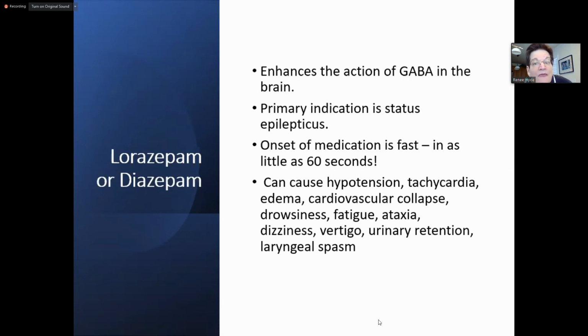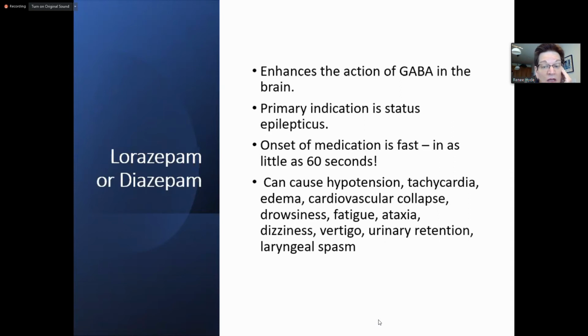Okay, it also causes respiratory depression. Now, when I am giving either lorazepam or diazepam, because of this risk for cardiovascular collapse or tachycardia, I would prefer that my patient be on cardiac monitoring.